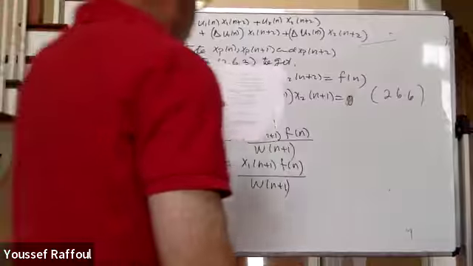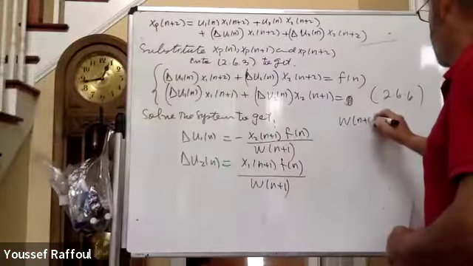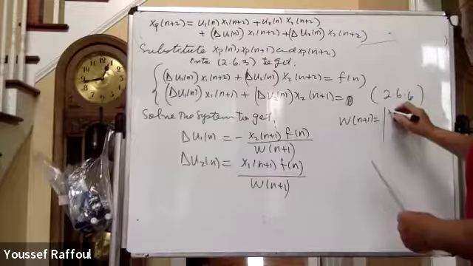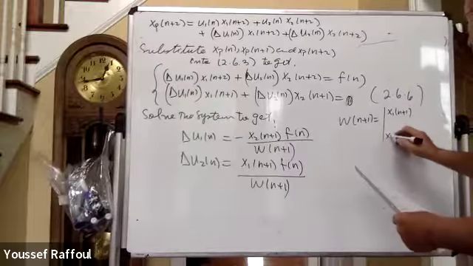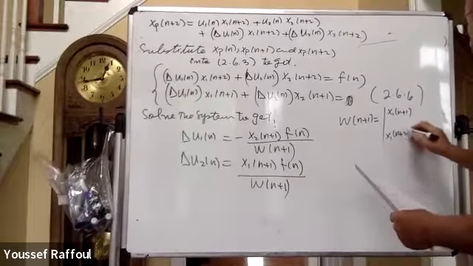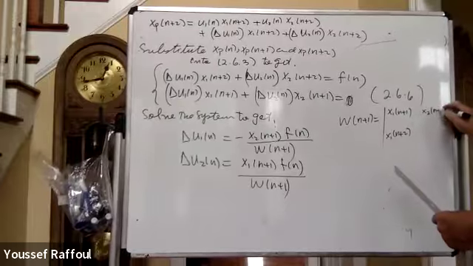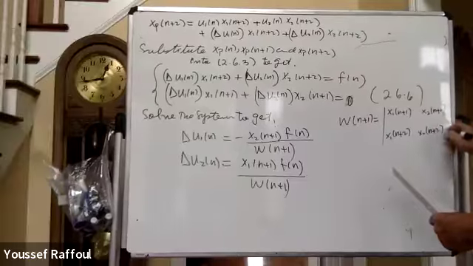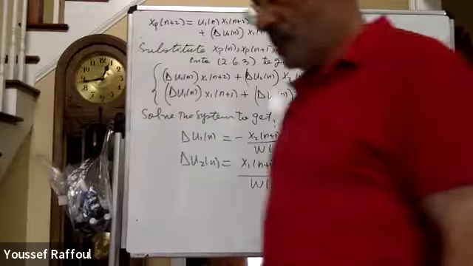Now, what is w of n plus 1? W of n plus 1 is equal to the determinant of x1 of n plus 1, x1 of n plus 2, x2 of n plus 1, x2 of n plus 2. This is a determinant. Okay?